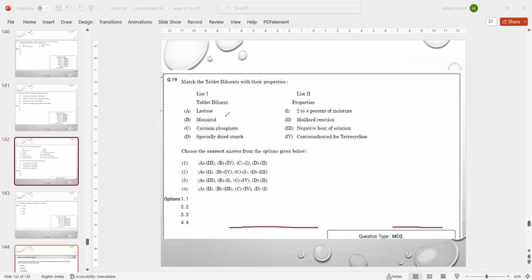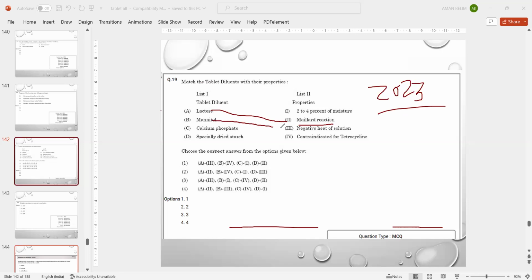So first, lactose will do a Maillard reaction. This question is from GPAT 2023. So it will cause a Maillard reaction.